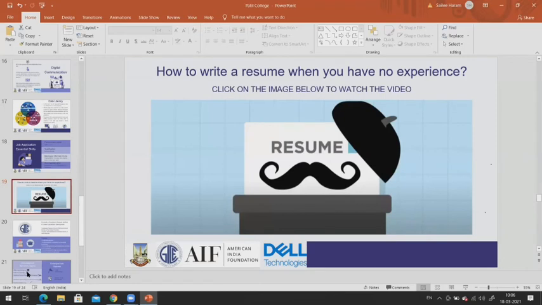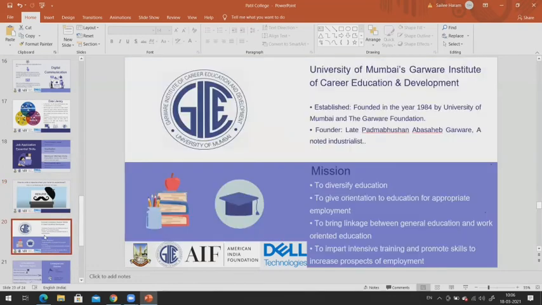Our college is located in the university campus and we are into skill-based education, so education which will give you inputs to work better in the organization and in the industry. It was founded in the year 1984 by University of Mumbai, and its founder is the late Padma Bhushan Abasaheb Garware. Next slide, please.